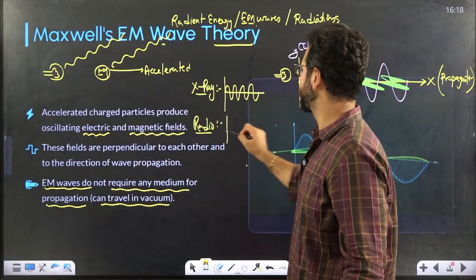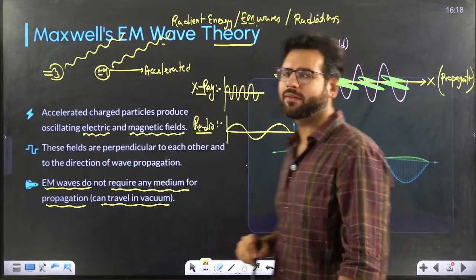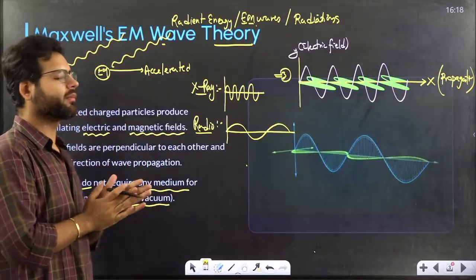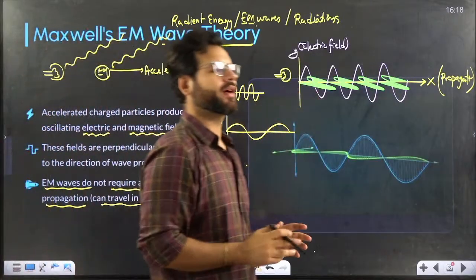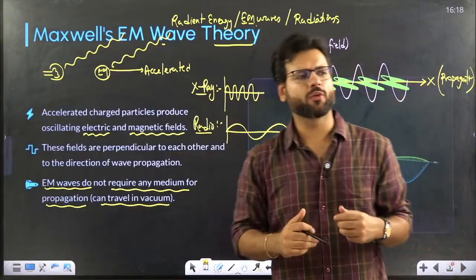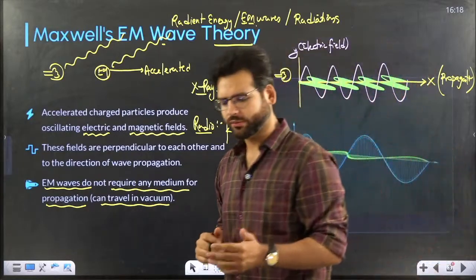Radio wave looks something like this. Who do you think travels faster per second? Quickly tell me. Is it the X-ray that will travel fast, or is it the radio waves that will travel faster? What do you think?